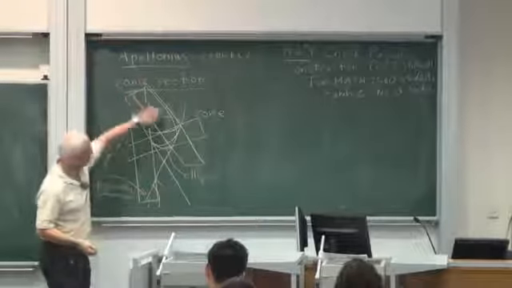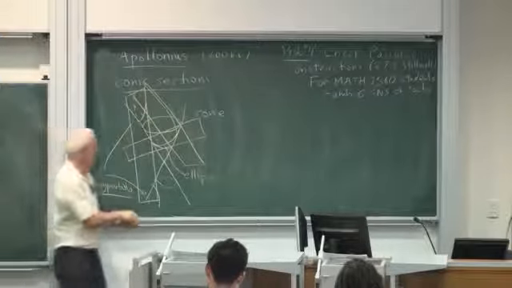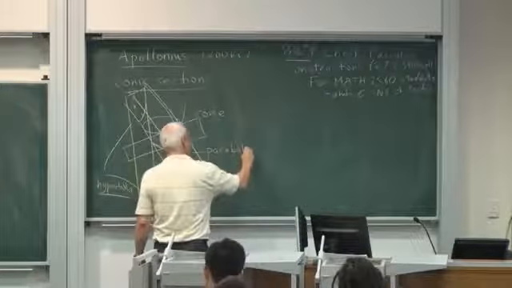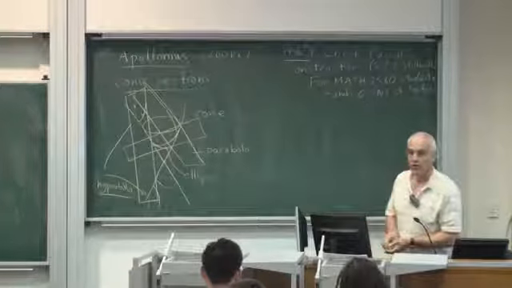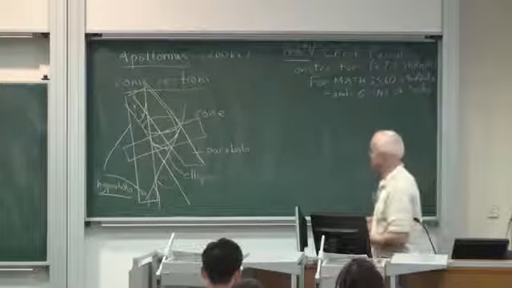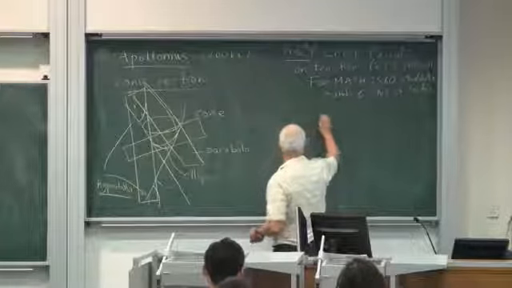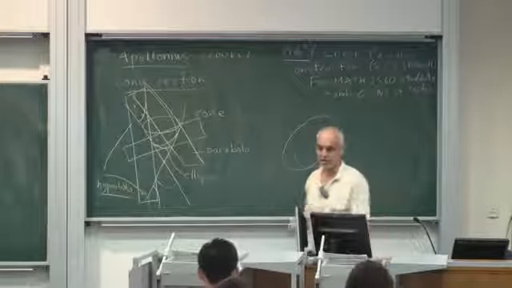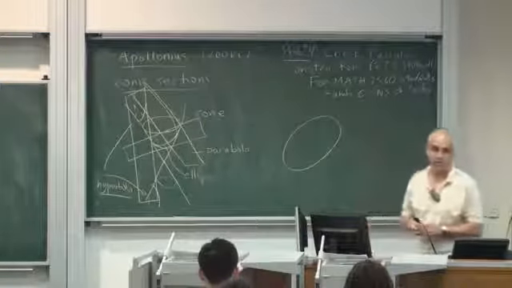And this special one that's halfway between an ellipse and the hyperbola case, that's the parabola. So that was where the conic sections came from, and Apollonius and others studied these things and discovered many properties of them.